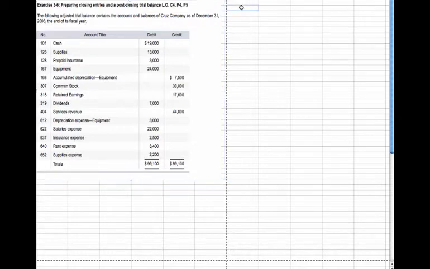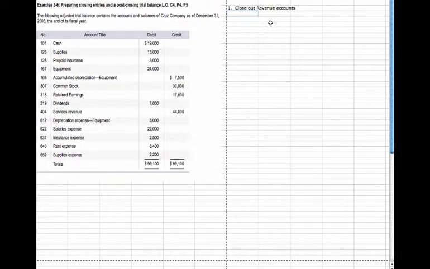Remember, step 1 of the closing journal entry was to close out the revenue accounts. So I go down here to revenues and I have service revenues with a credit balance. It's the only revenue account that we have here. All these other accounts are assets, liabilities, equity, and expenses.